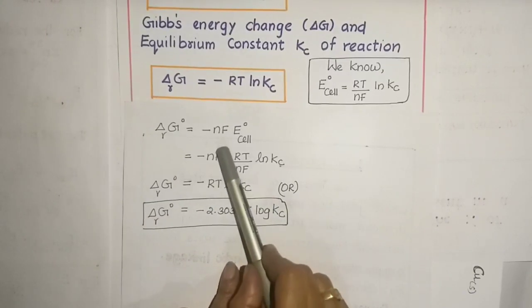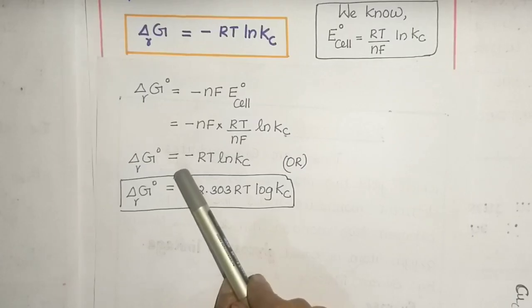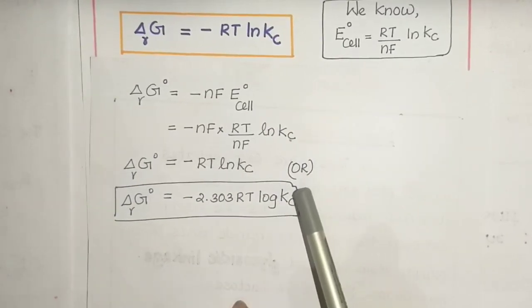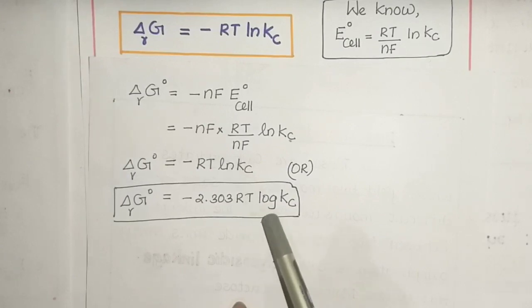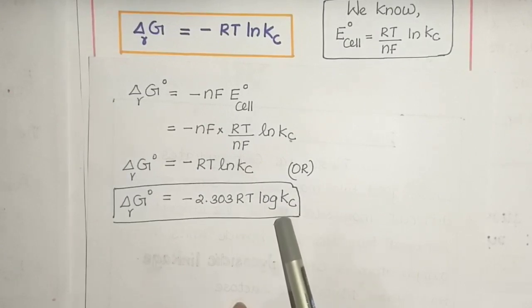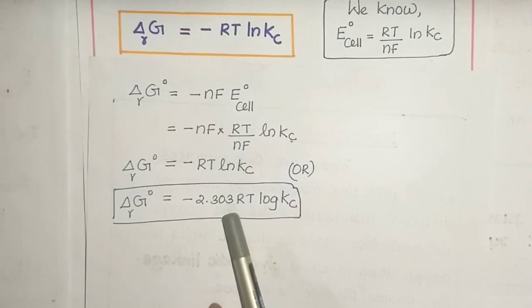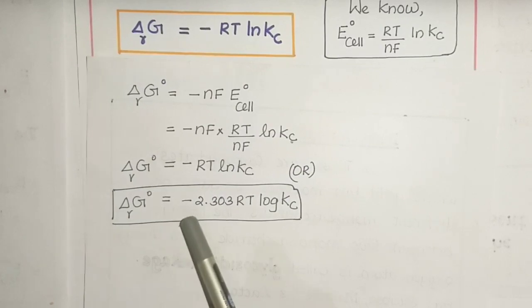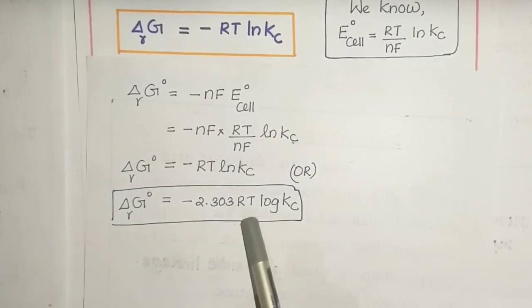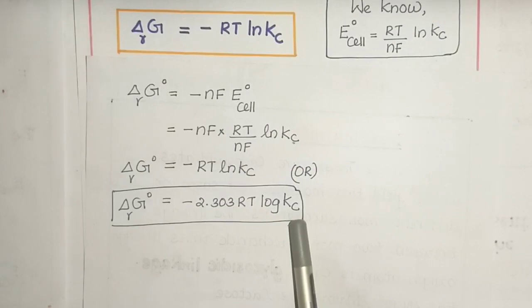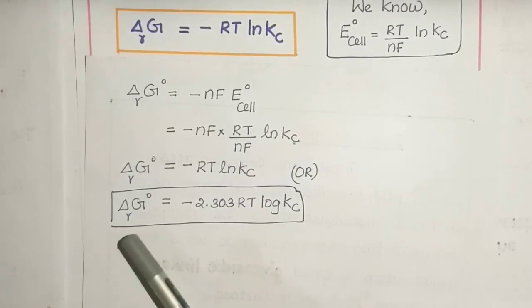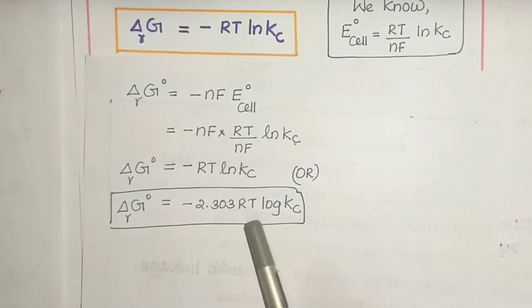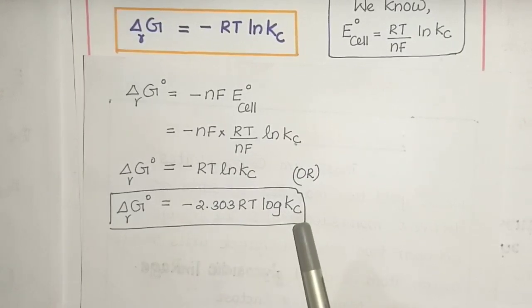Then the nF and nF get cancelled. Delta G0 is equal to minus RT ln Kc, or instead of ln, we can substitute the logarithm to the base 10, then multiplied by 2.303. Then Gibbs energy change of reaction under standard condition is equal to minus 2.303 RT log Kc. This is also an important equation. Delta G0 is equal to minus 2.303 RT log Kc.